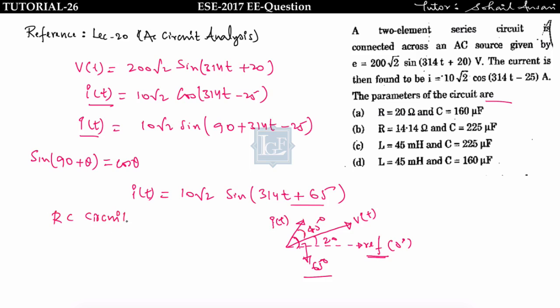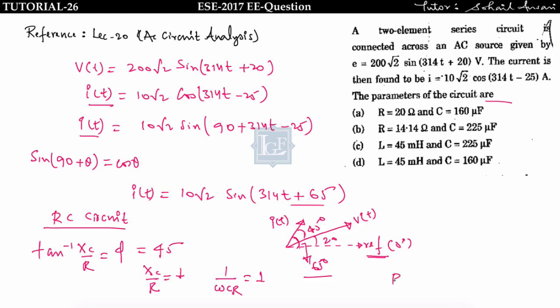In RC circuit, the current leads the voltage by some angle which lies in between 0 to 90 degree. Okay. Now we know that tan inverse Xc upon R is equal to phi, which is given as power factor angle 45 degree. So Xc upon R is equal to tan 45, that is given by 1. Xc is 1 upon omega C. So finally I can write 1 upon omega CR is equal to 1.